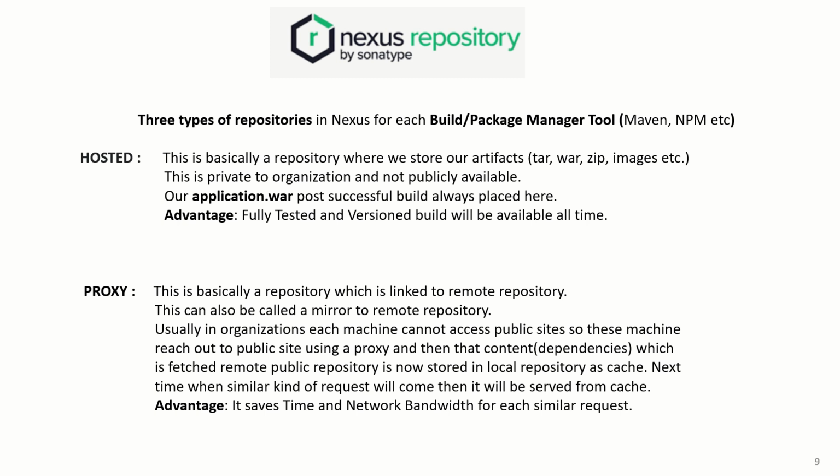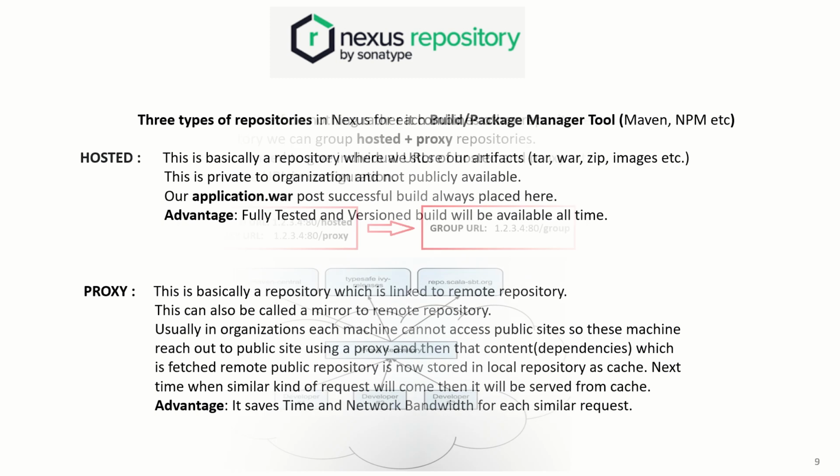So what is the advantage? The first time it will be downloaded to the cache, and from the next time the result will be provided from the cache itself. Every time it will not go to the central repository, download, store to the cache and then provide to the developer. So it saves time and network bandwidth for each similar request, from the second request onwards.